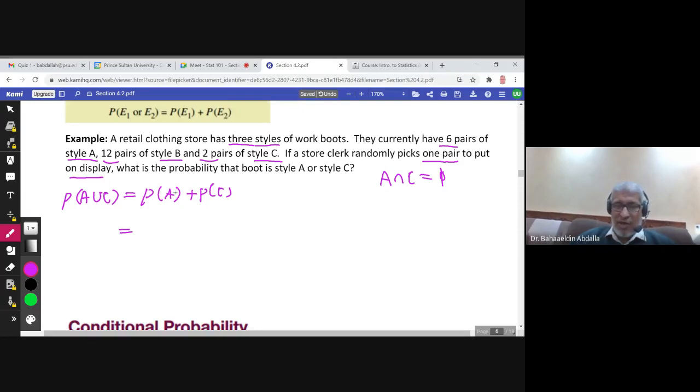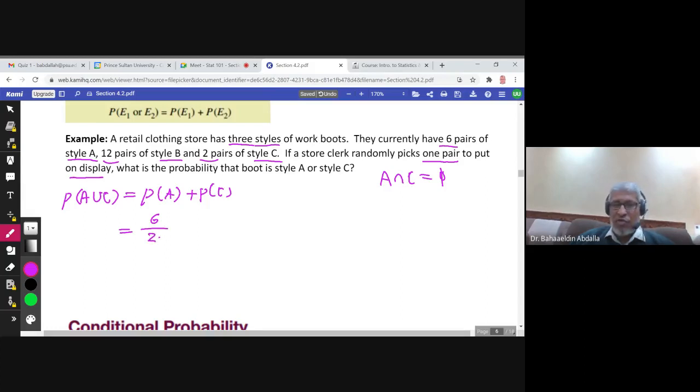Probability of A. Now, how to find the probability of A? What is the probability that the boot is from style A? How many boots from style A do we have? We have 6 pairs. And in total, what is the total number of pairs? We have 6 plus 12, 18, plus 2, 20.